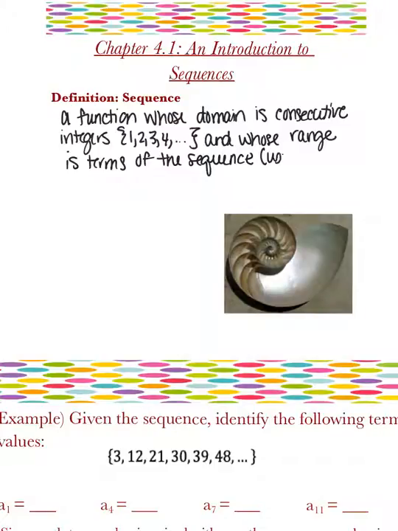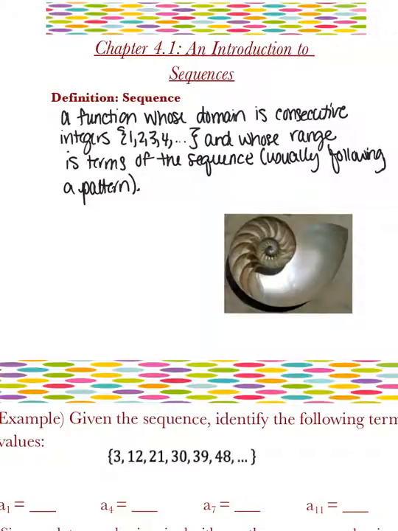And usually, or I should say sometimes, following a pattern. The ones that are following a pattern are certainly the ones that we're going to be interested in, and the ones we're going to talk about the most.